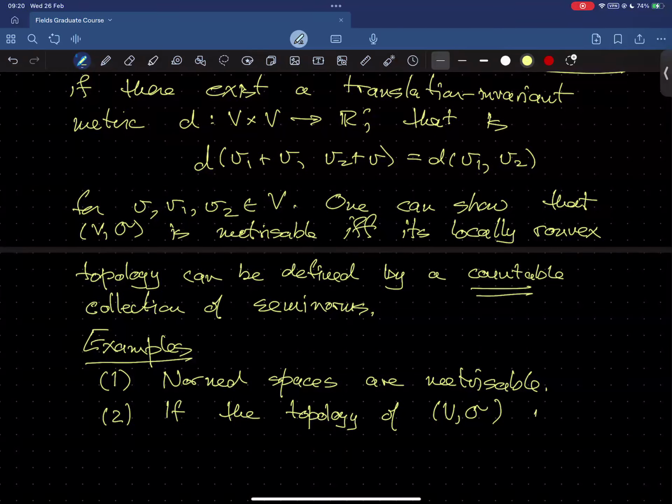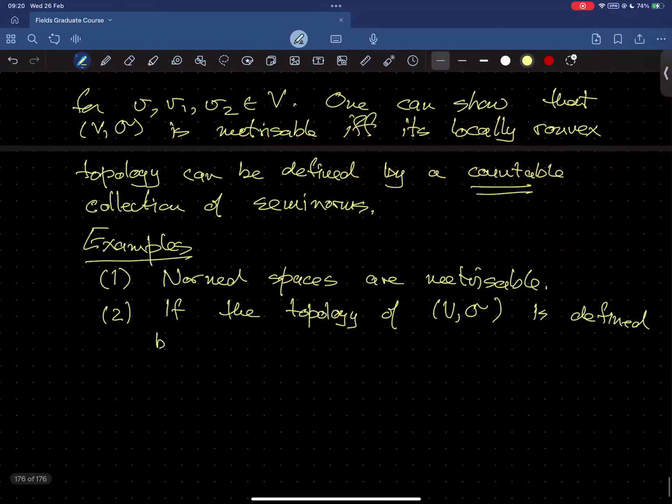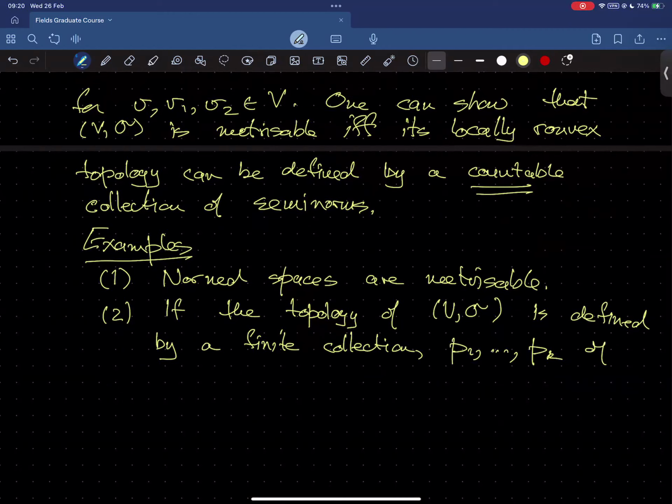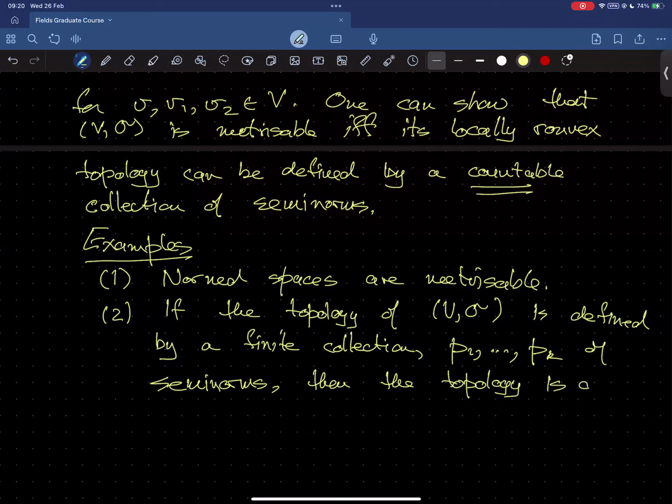If the topology is defined by a finite collection, let's say P1 up to PK, of seminorms, then the topology is also defined by a norm, the same topology.